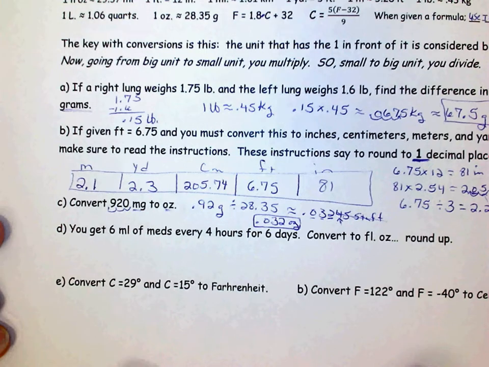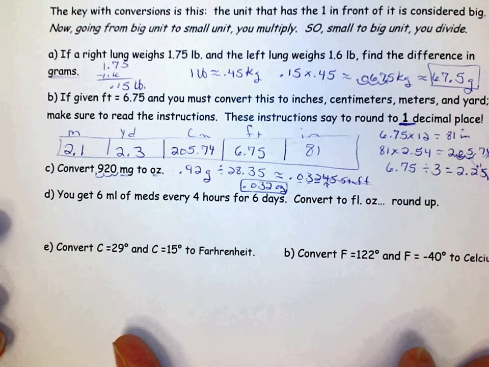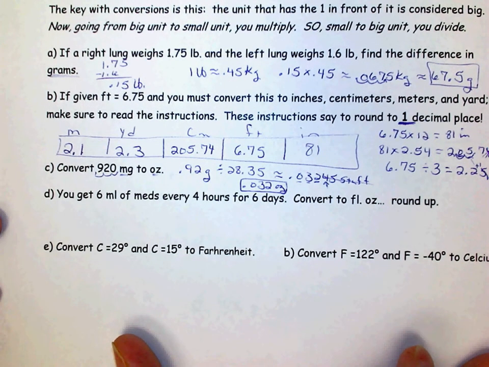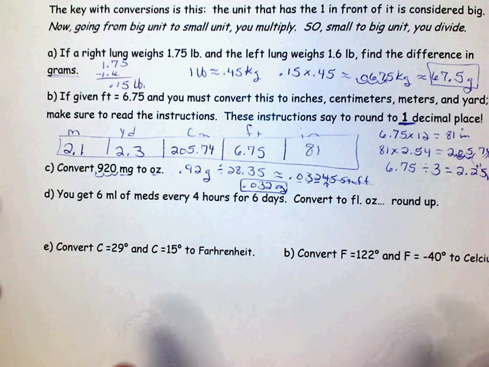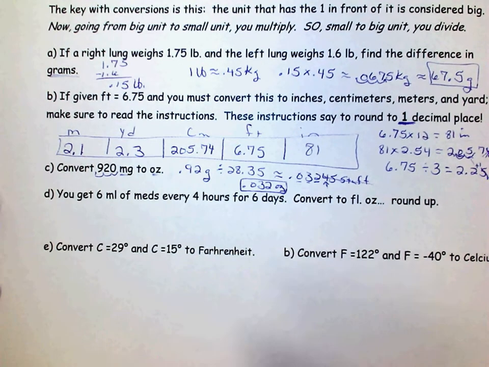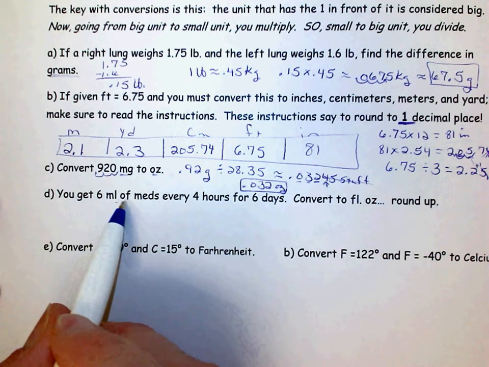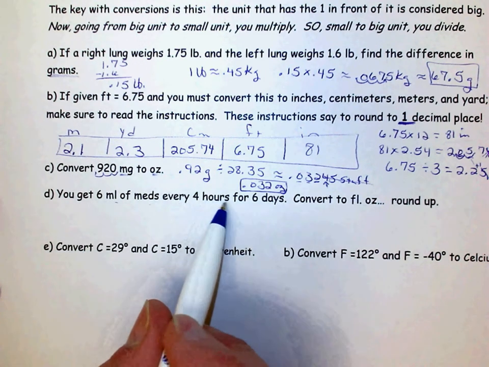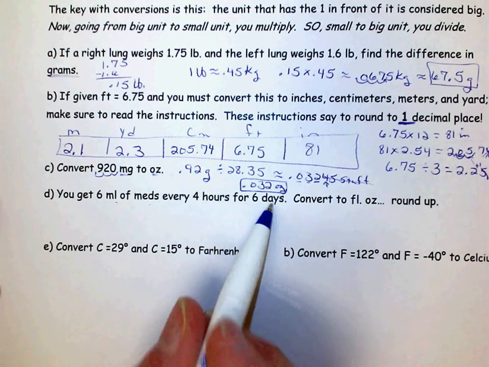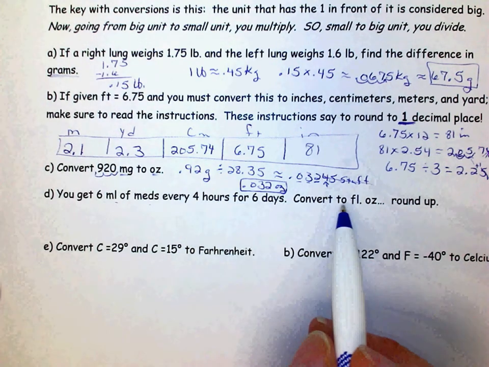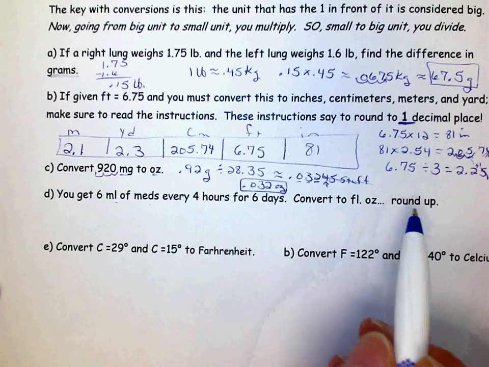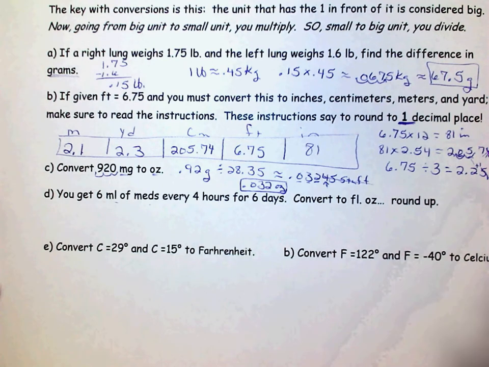So if you have trouble seeing it, make sure you listen really close. Now, you get 6 milliliters of medication every 4 hours for 6 days. Now, convert this to fluid ounces and round up. Just like paint. If you need 2.4 gallons, can you just stop at 2 gallons of paint?